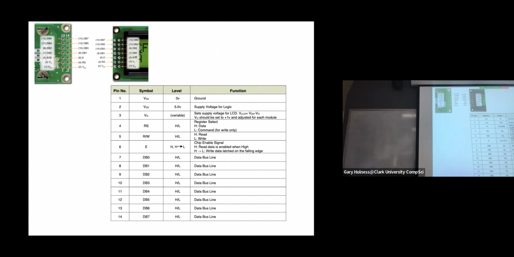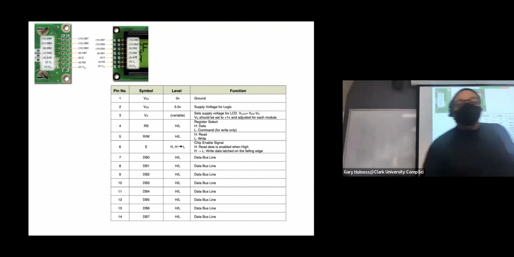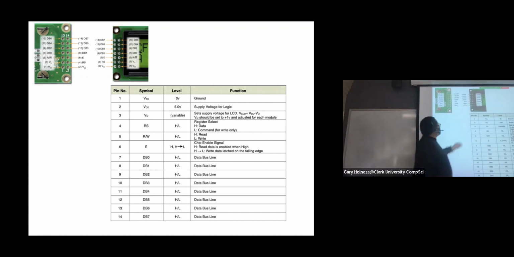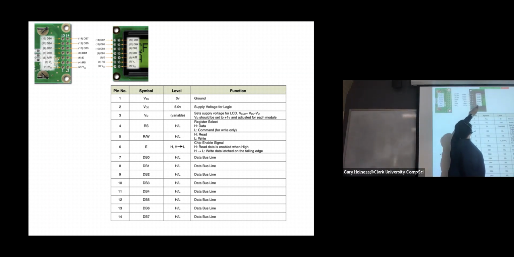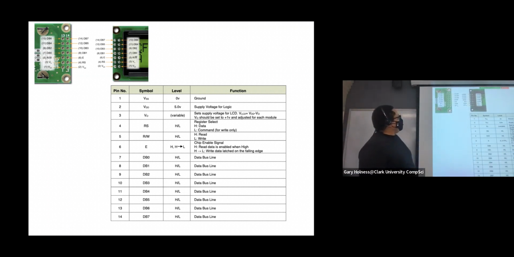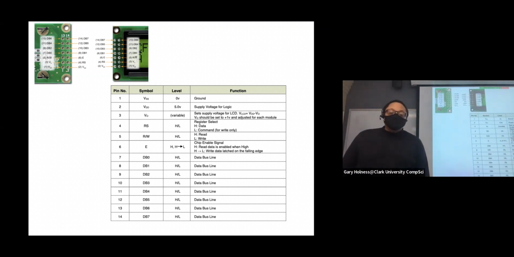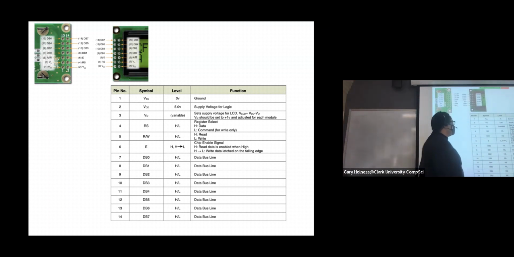So this pin number 4, RS, register select. If it is high, a logic 1 or plus 5 volts in that pin on the device, I'll use those interchangeably as synonyms, it's selecting for data register.